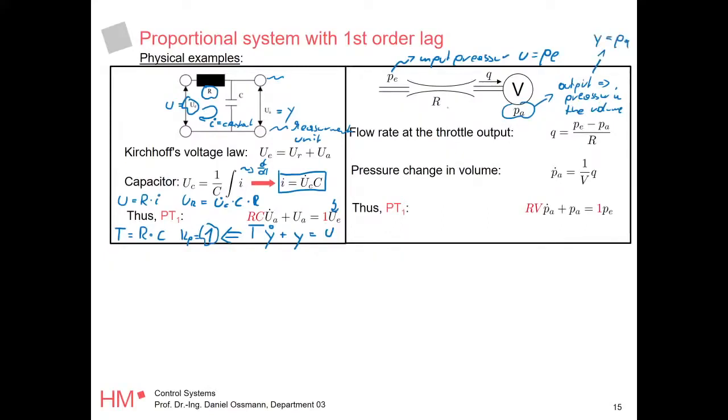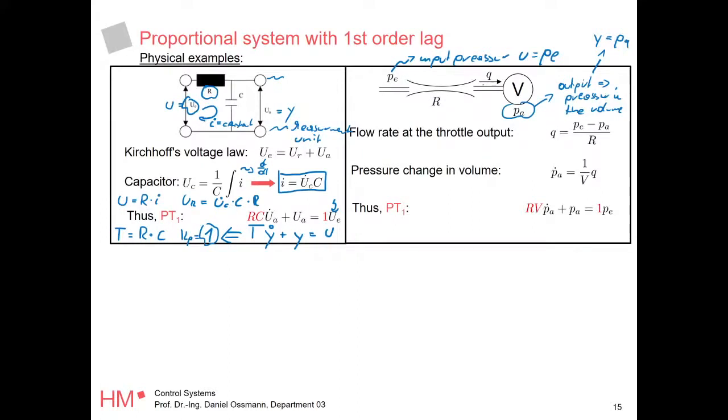Okay, so what do we know? We have a throttle here, a Drossel, and obviously it's a kind of resistance, similar to the electric example. So we can set the resistance. We get a flow rate depending on this resistance and on the pressure difference.